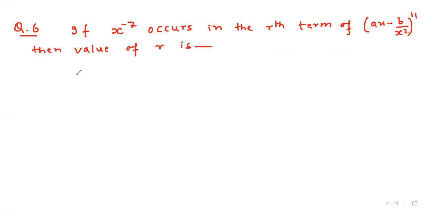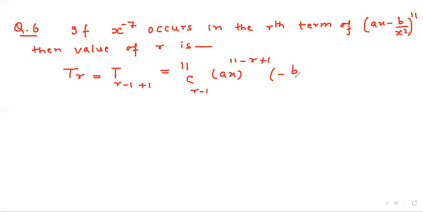So let's write the general term Tr, which will become T(r minus 1 plus 1), where n means 11: 11C(r minus 1), (ax) power 11 minus (r minus 1), so plus 1, and then (minus b upon x squared) power r minus 1.